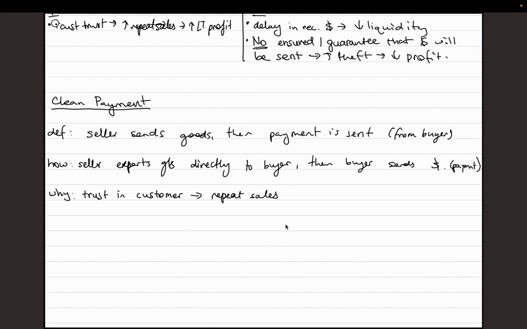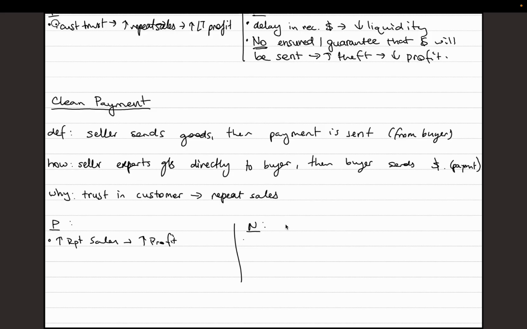They're trying to get you to repeat sales with them, be a customer with them again. So that's why positives, negatives, positive, it's the exact same. Increase repeat sales, you increase profit.